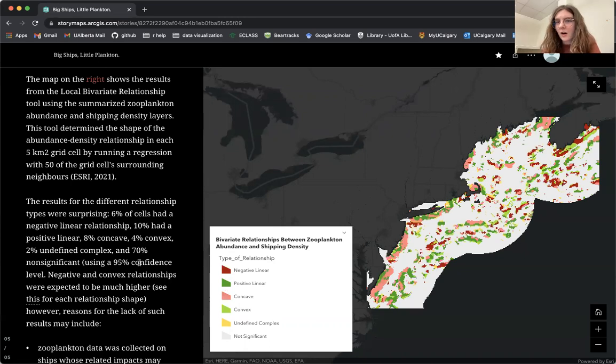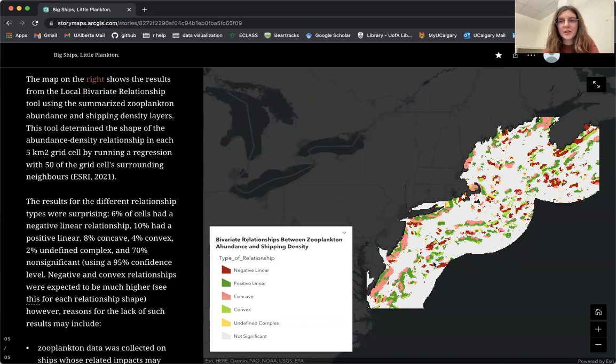And then it uses R-square and p-values to classify these relationships into one of 6 categories. The red and salmon colors are linear and nonlinear negative relationships, meaning that more shipping density would have lower zooplankton abundance. And the dark and light green are positive linear and nonlinear relationships.